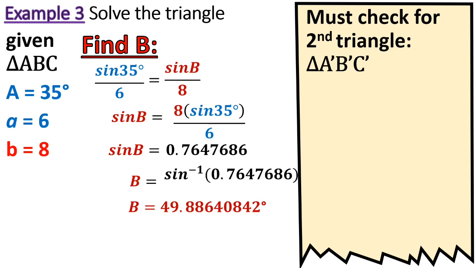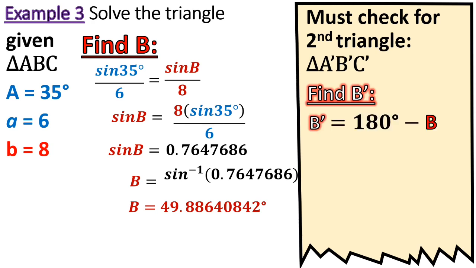To check, what you want to do every single time is to take 180 degrees and subtract the first angle you found. That's going to give you the possible alternate angle. In this case, it's about 130 degrees.